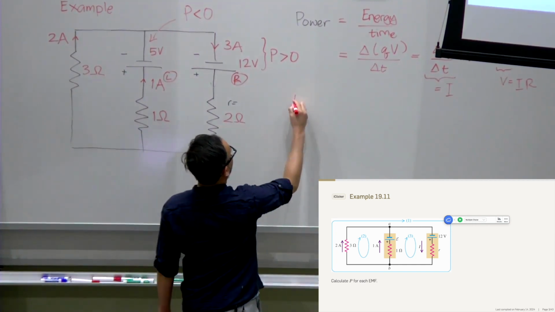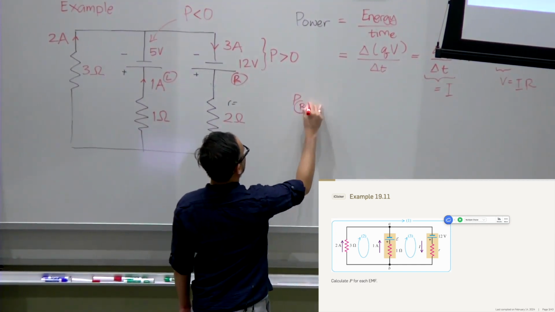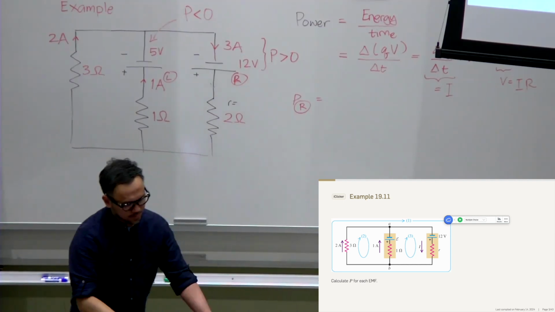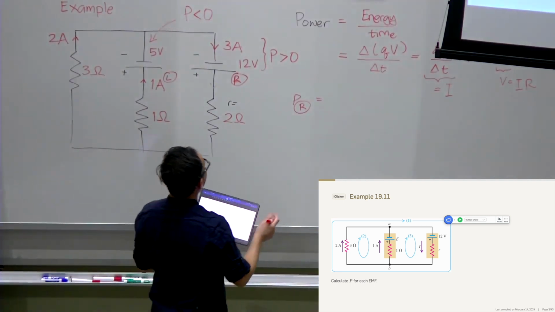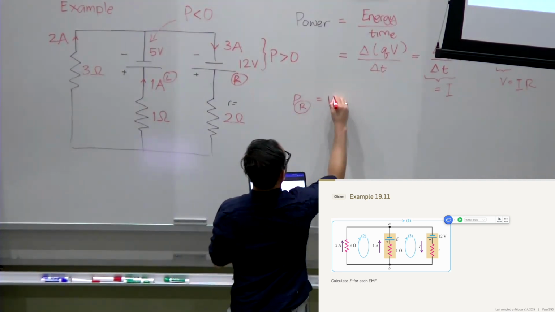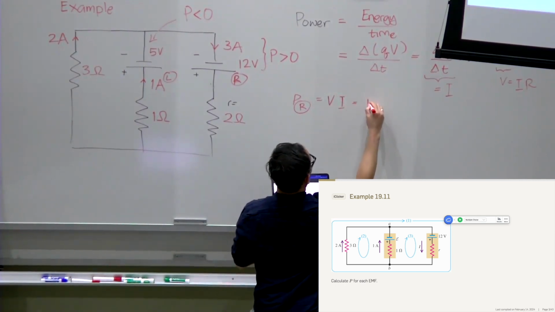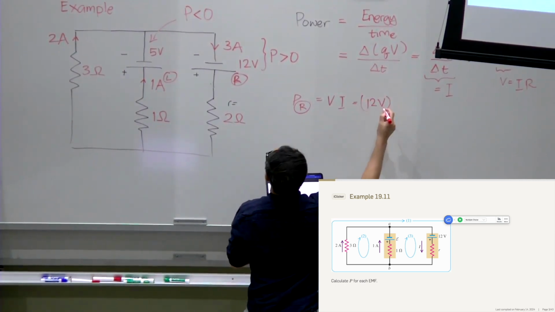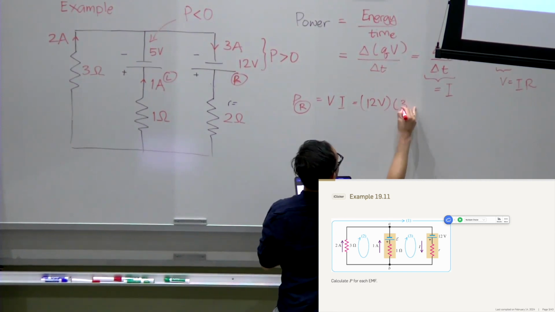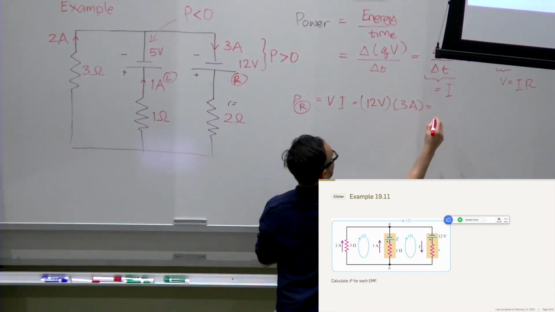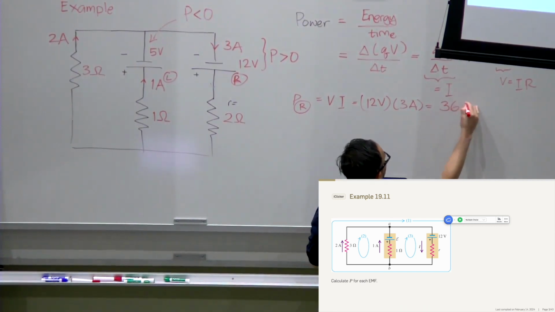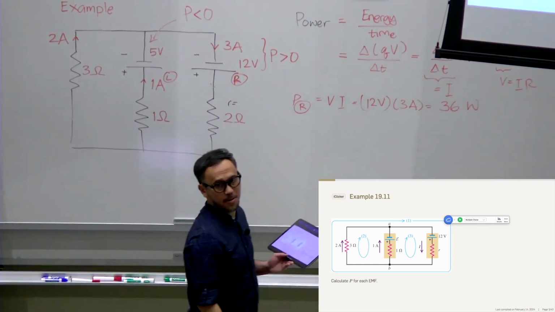For P right, V times I is equal to 12 volts times 3 amps equal to 36 watts. You get that?